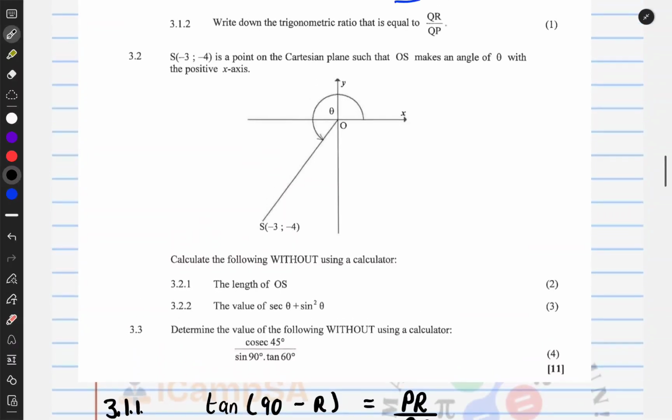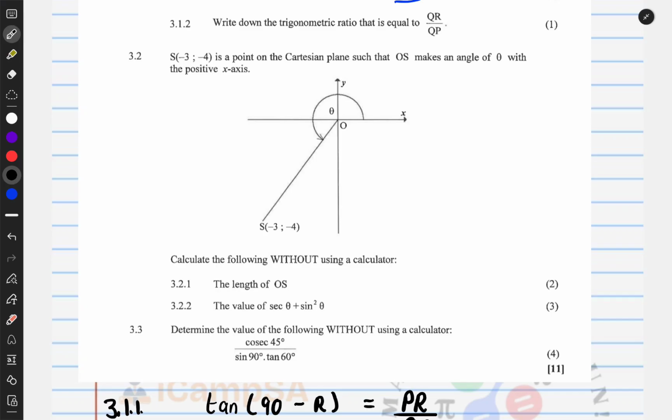Okay, and then from there let's go to 3.2. For 3.2 we are told that S, with the coordinates of -3 and -4, is a point on a Cartesian plane such that OS makes an angle of theta with the positive x-axis. Without using a calculator, calculate the length of OS.